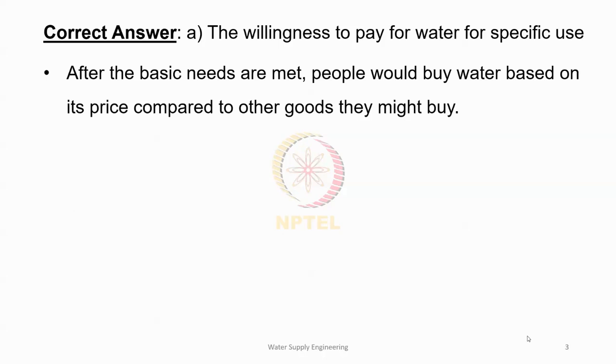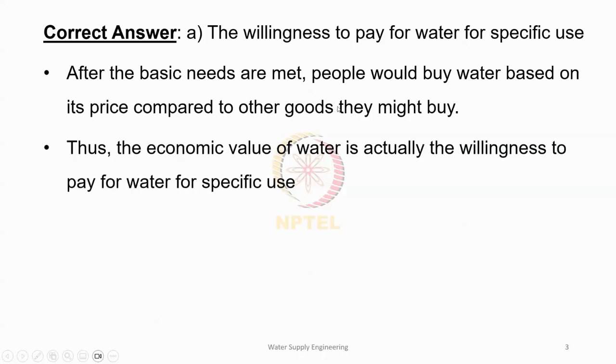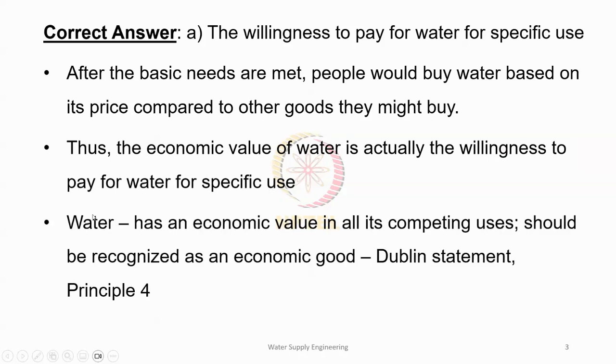But once the basic needs are met, people would buy water based on its price compared to the other goods they are buying. So, the economic value is actually the willingness to pay for water for specific use. According to Dublin Statement Principle 4, water has an economic value in all its competing uses and it should be recognized as an economic good.